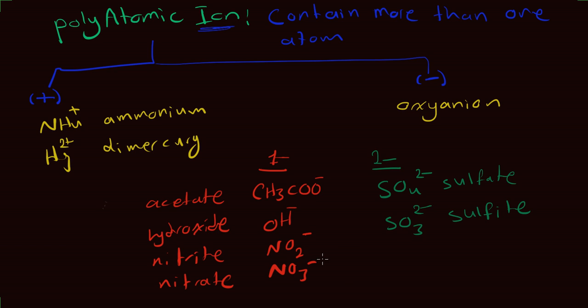Here we have more oxygen and less oxygen. And we have -3, which is common, like PO4 -3, which is called phosphate.